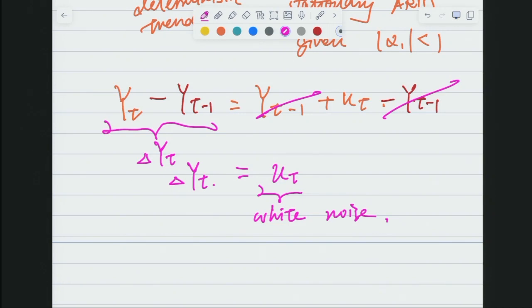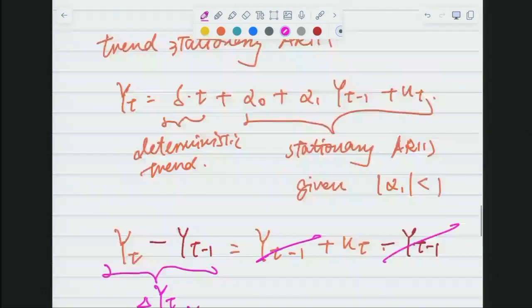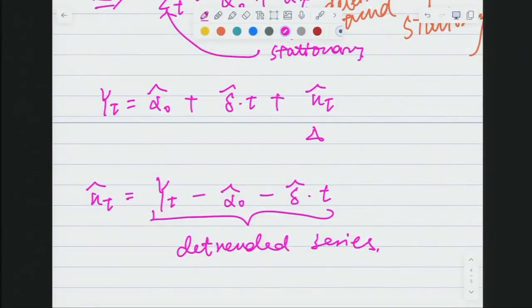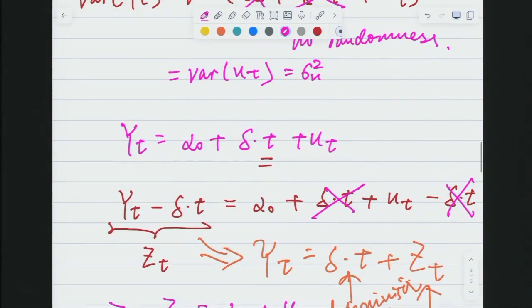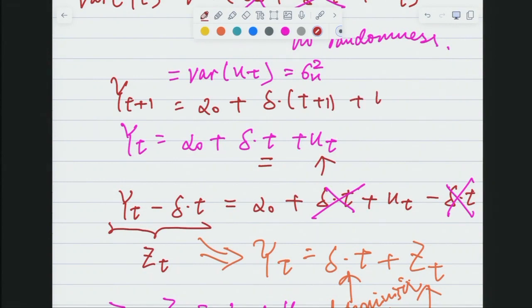As you can see, in the deterministic trend model, the y only depends on the shock in the same time period. The next time period, yt plus 1, is equal to alpha naught plus delta times t plus 1 plus ut plus 1.